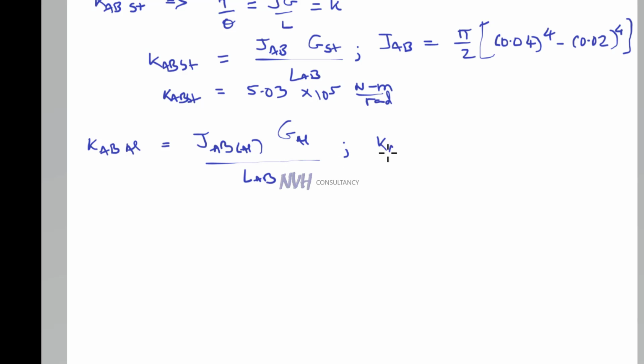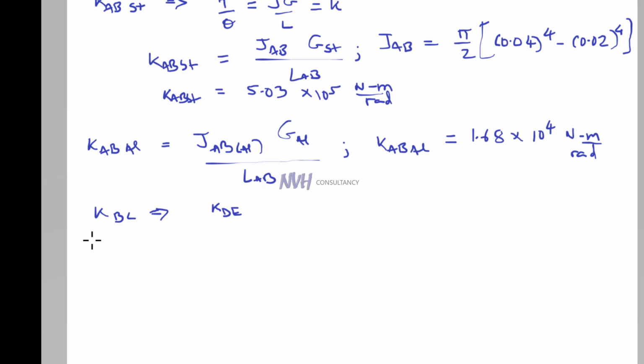So KAB of aluminium comes out to be 1.68 times 10 to the power 4 Newton meters per radian. Similarly, for the portions KBC and KDE, you can find the stiffness in the same fashion.